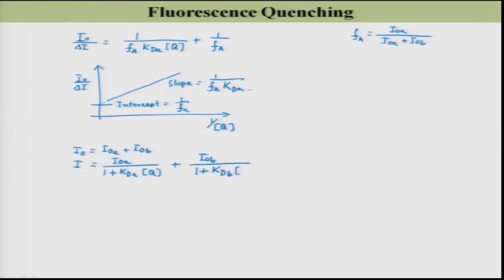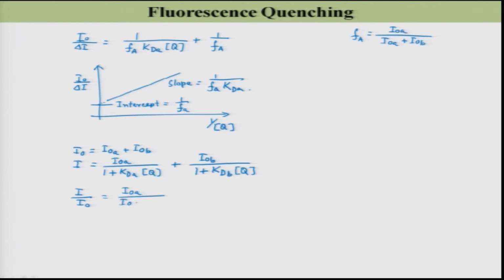Okay, so then this will be equal to Q. Now if I write this ratio I by I 0, what will happen?